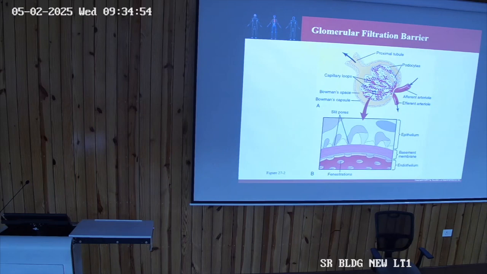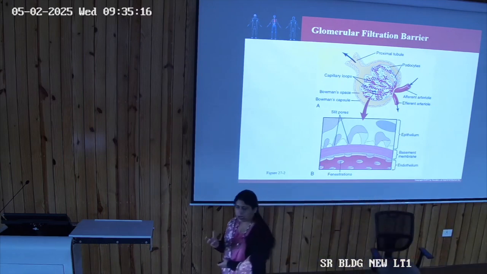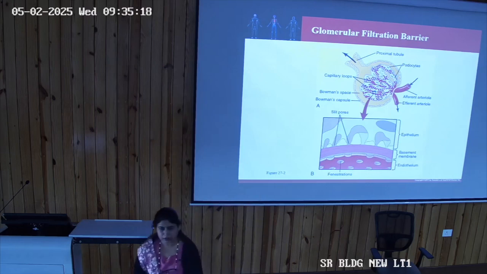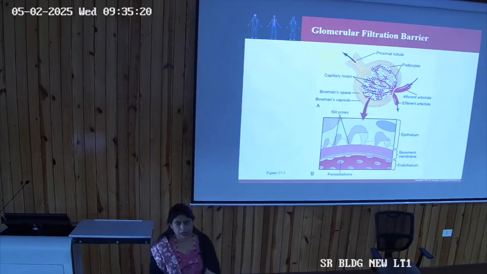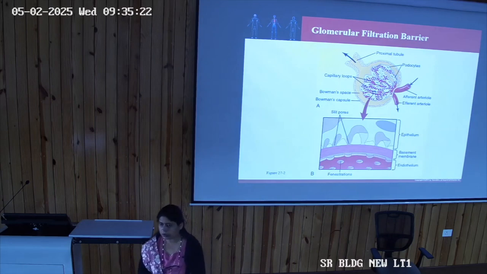The visceral layer, the basement membrane, and the endothelium lining of the capillaries result in the formation of the filtrating membrane. The space between the visceral and the parietal layer results in the Bowman's space. So the renal plasma flow which is coming into the Bowman's capsule is getting filtered and entering as filtrate into the Bowman's space, finally into the proximal convoluted tubule.